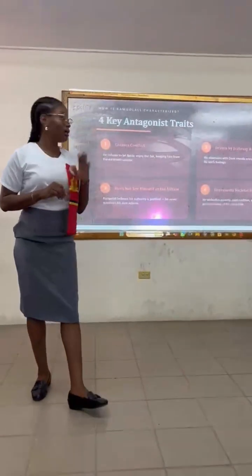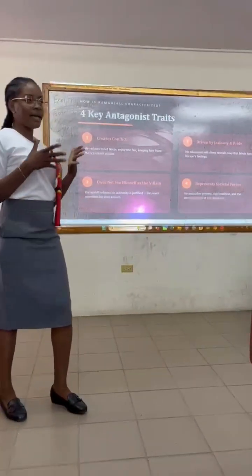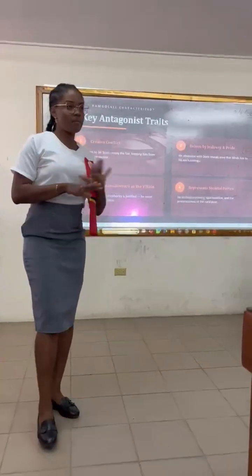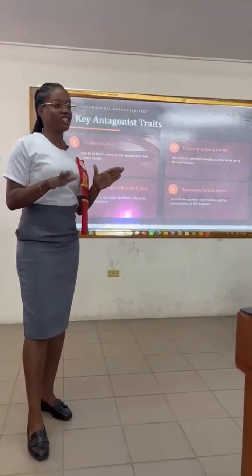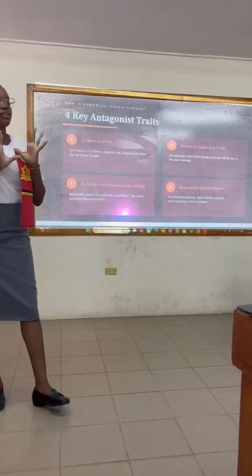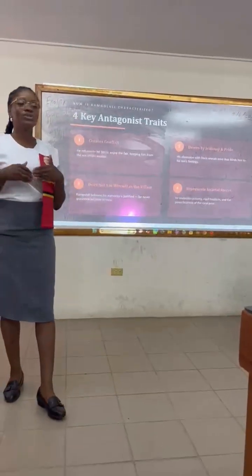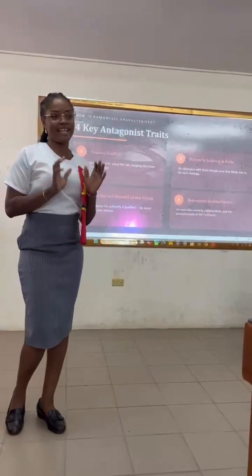He represents societal forces. He embodies poverty. Some people are just comfortable the way they are, they don't want changes, they're not open to it. Well, that's Ram Gohal. Now, I would like to hand you over to Miss Shania King, who's going to continue today's lesson.